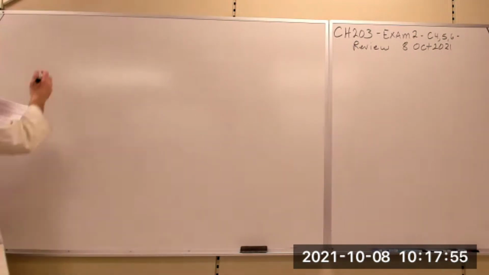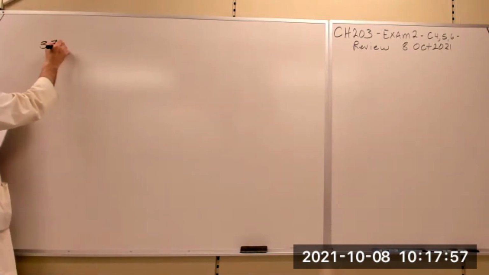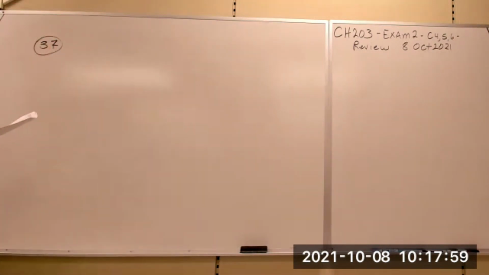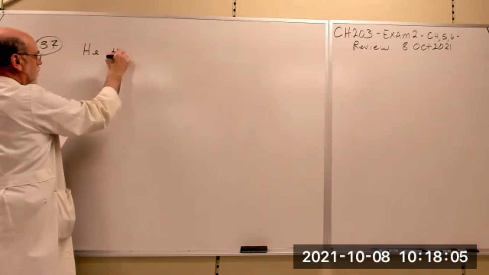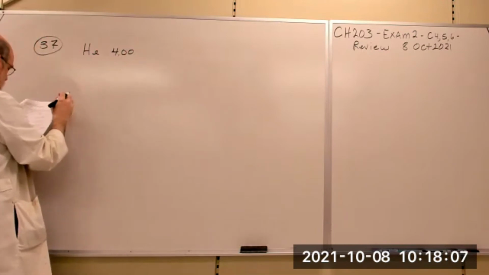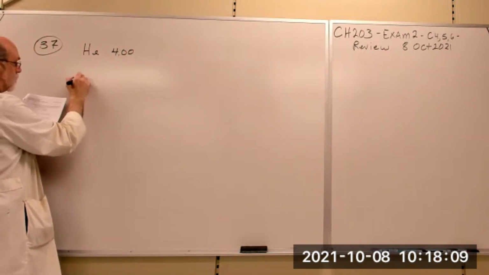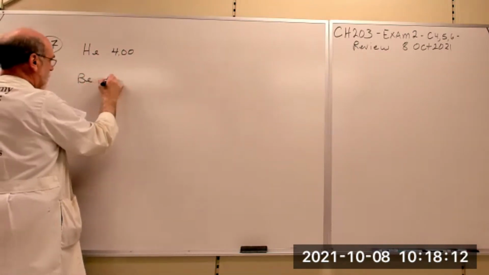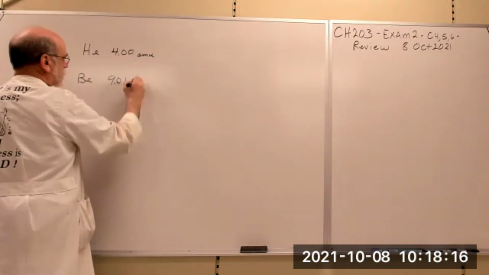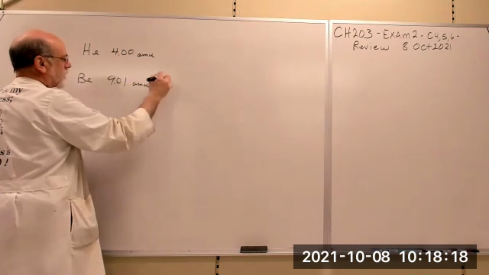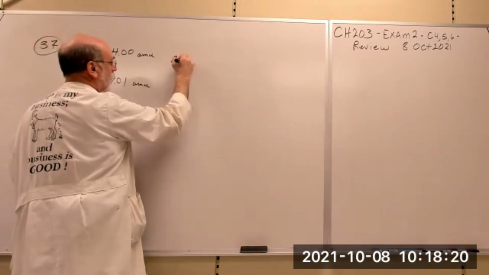How about this one? The atomic masses of these two elements, well, we'll give it to you. 4 here, and beryllium is 9.01. Those can be atomic mass units, or they can be grams per mole, molar mass.